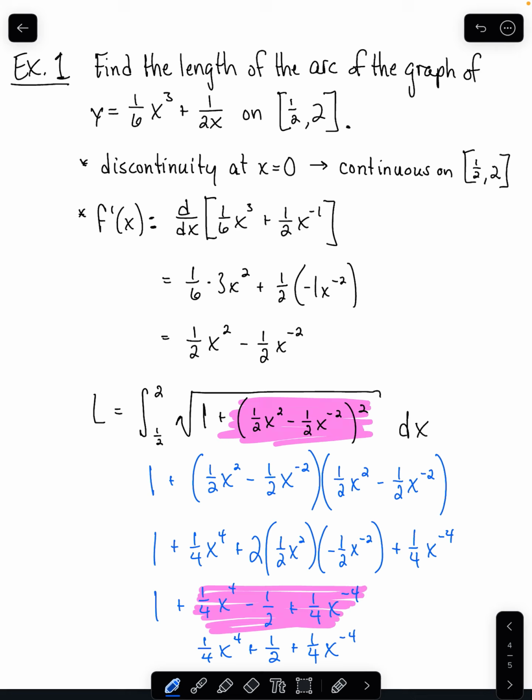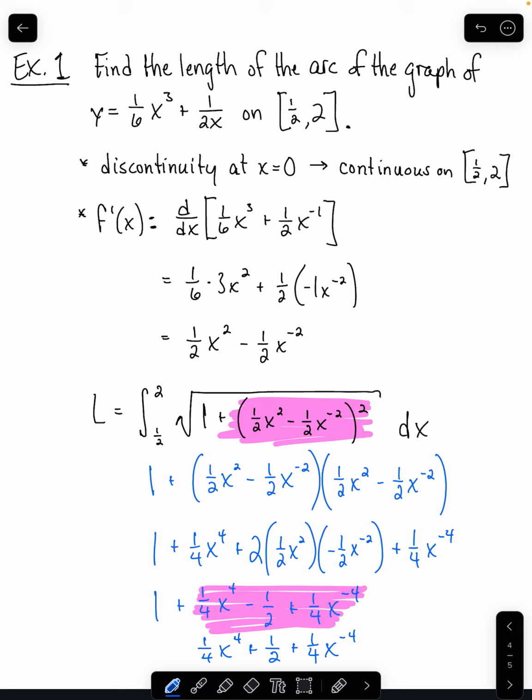For the first term, we would have 1/2 as the coefficient times x cubed over 3. And then we would have plus 1/2 as the coefficient times x to the negative 1 over negative 1.